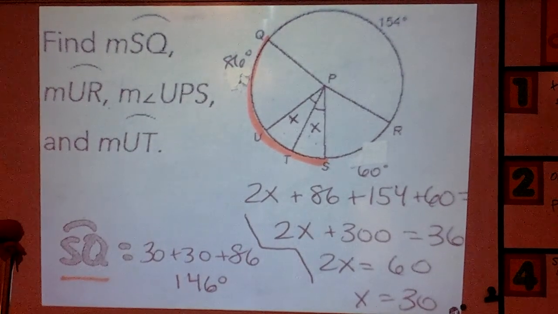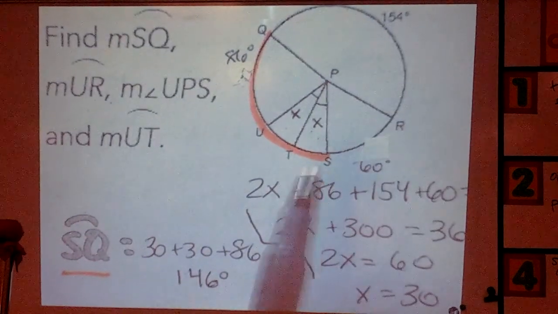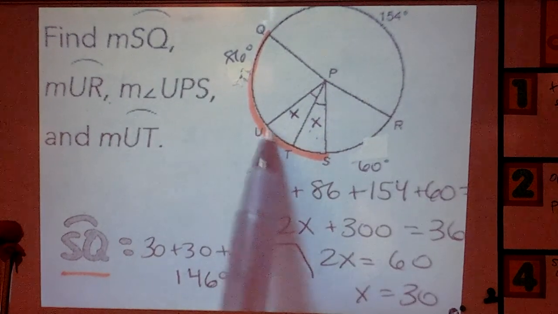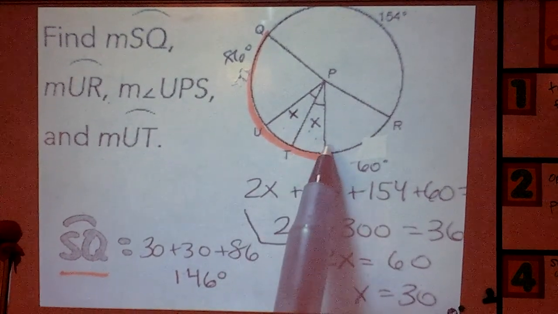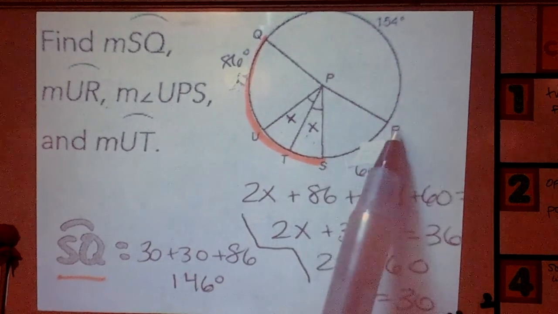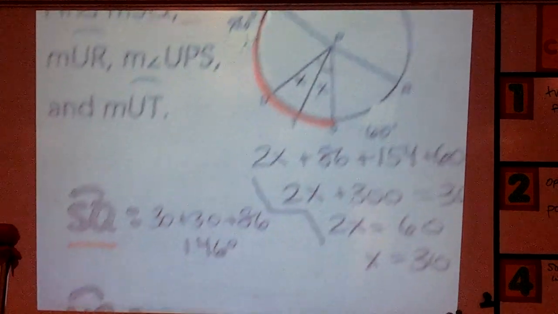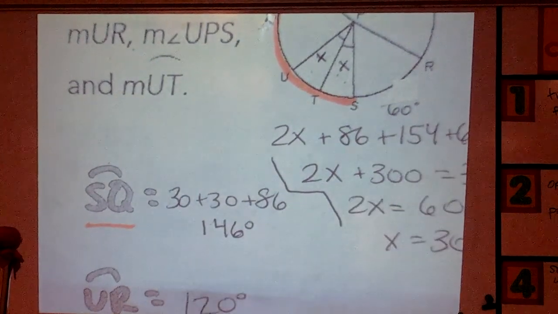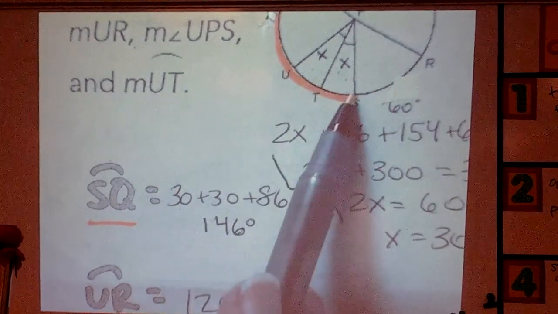The next section asks for UR. UR goes from 30 plus 30, which is 60, plus another 60 would give me 120. Once again, that was just 30 plus 30 plus 60.